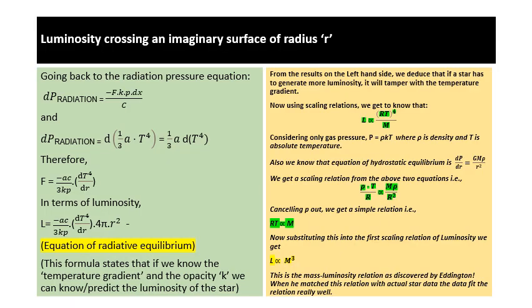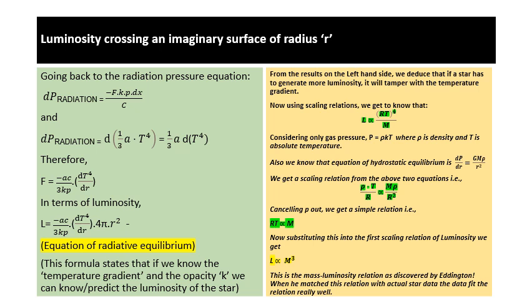So we will take one more case. We will consider an imaginary surface of radius r, and we will determine the luminosity that is crossing this imaginary surface. So going back to the radiation pressure equation, we know the radiation pressure gradient to be F kappa rho dx by c.